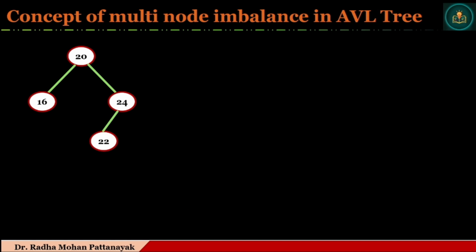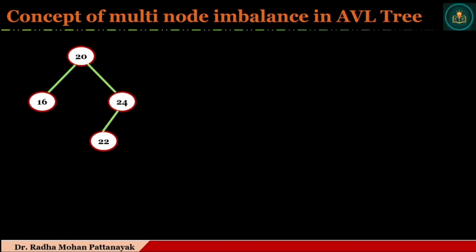Then come to another example. When a single node gets imbalanced, what type of rotation will you apply to balance the imbalanced node? So we have discussed. But imagine if in a situation multiple nodes get imbalanced after an insertion, then at that time how will you decide which imbalanced node you will first apply the turning to?